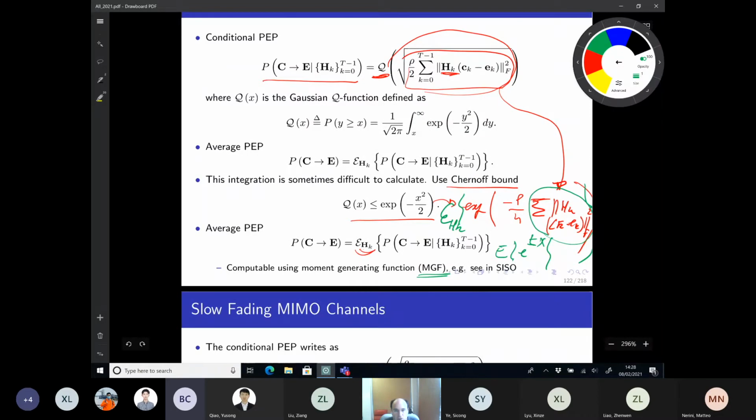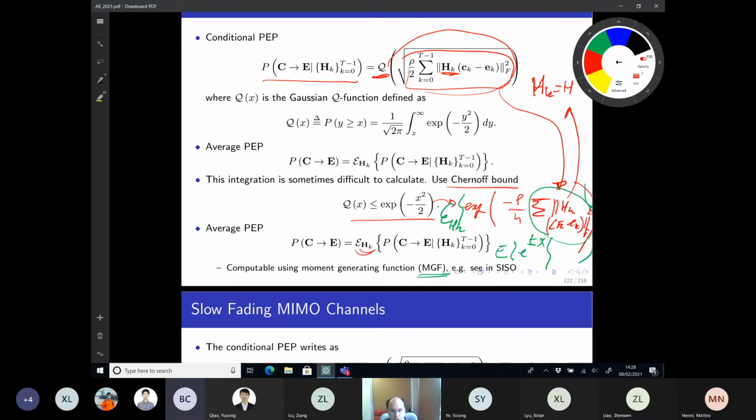Finding this moment generating function depends a lot on the structure of this quantity. You will see in the book you have this for different distributions of H, if you have slow fading or fast fading. If you have slow fading, h_k becomes simply H, constant across the code words. If you have correlation in time between H at time 1, time 2, time 3, you can take this into account.